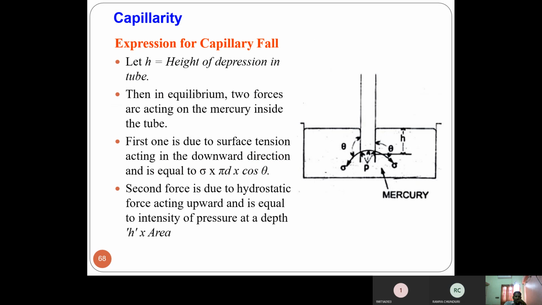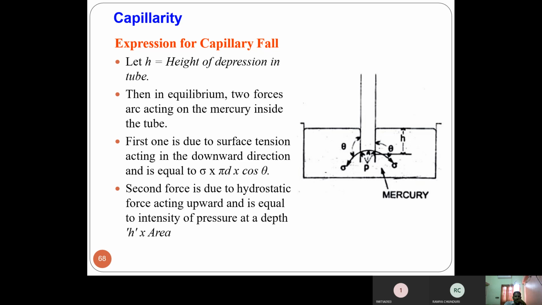See, this is the fall of liquid level. This is one glass tube, and this is the mercury level. And then here we are getting the surface of liquid inside the tube. That h is the height of depression.